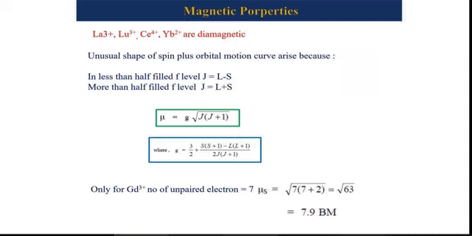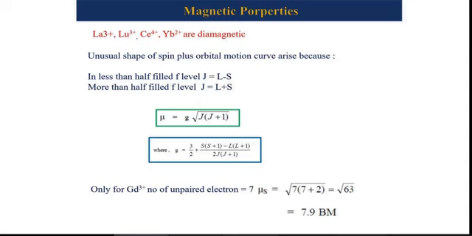But if you reshuffle those calculations, you will come to know that mu is equal to g root of J(J plus 1), where g is the Landé factor and J is the total angular momentum. And remember, this J value depends on two cases: if it is less than half filled configuration, then L minus S, and if it is more than half filled, then it will be L plus S.